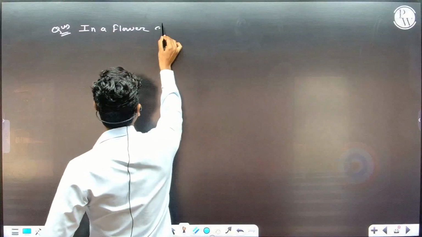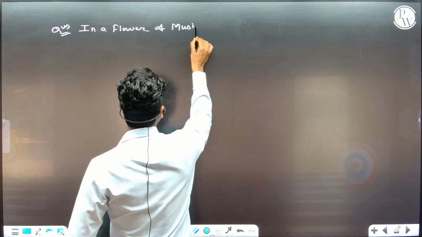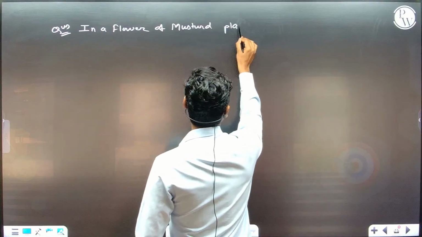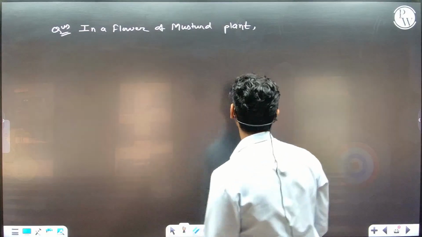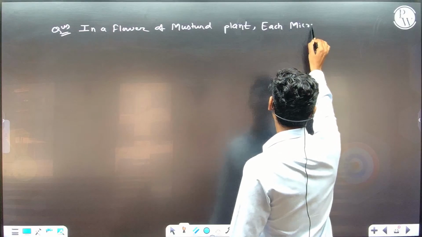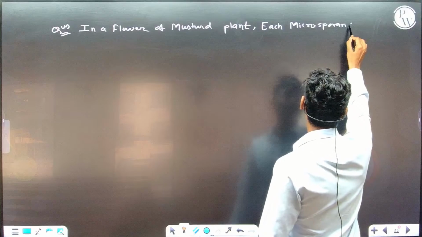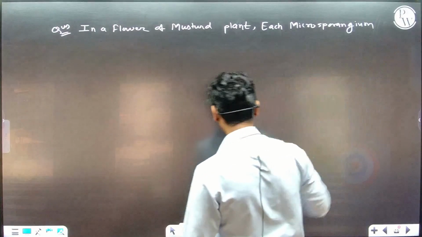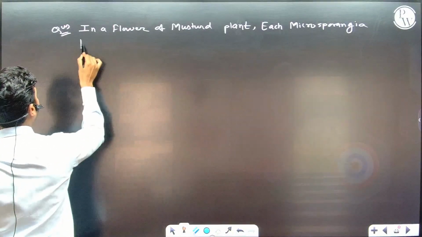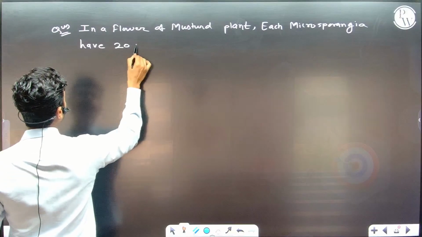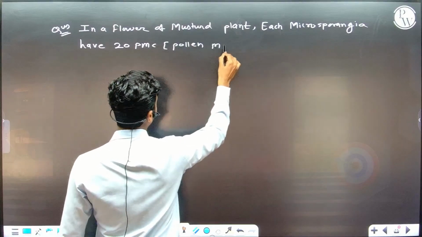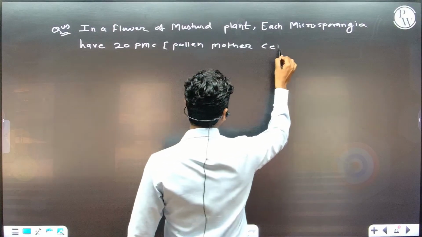In a flower of a mustard plant, each microsporangium, or we can say each microsporangia, has 20 pollen mother cells, that is the PMC. I am writing the long form here also, pollen mother cell.